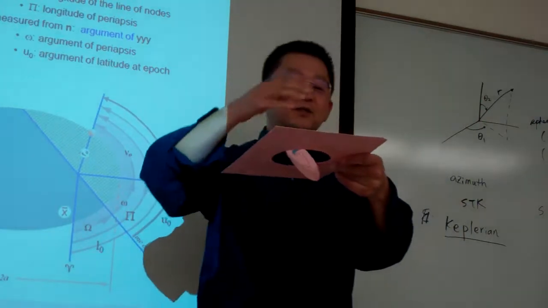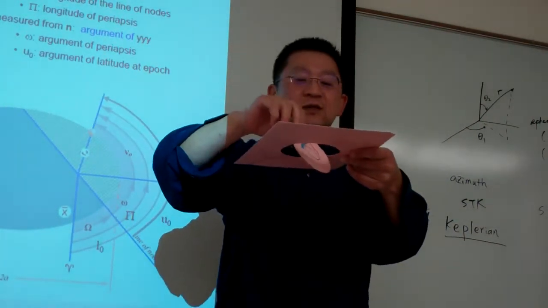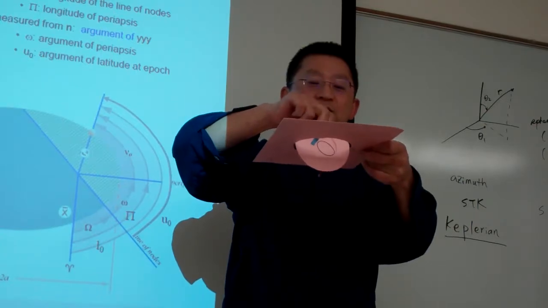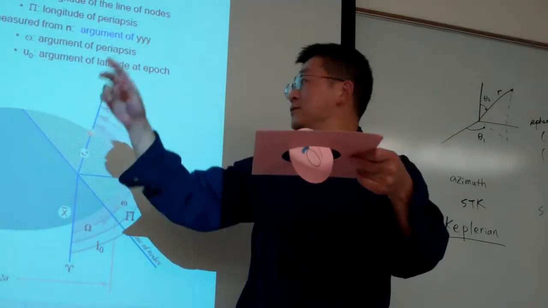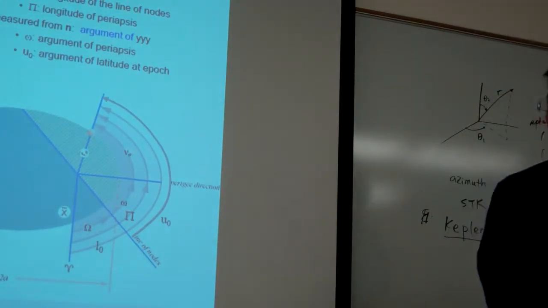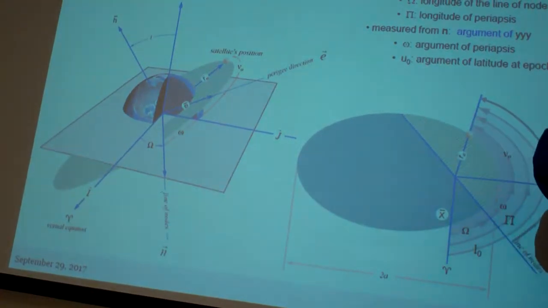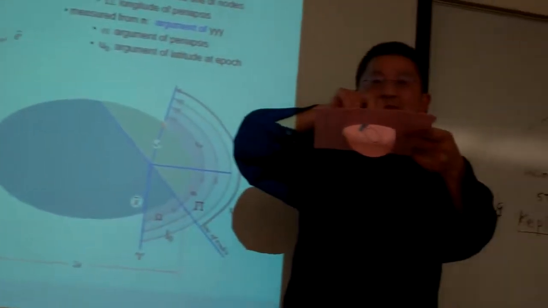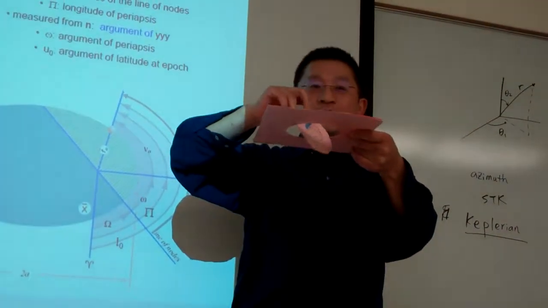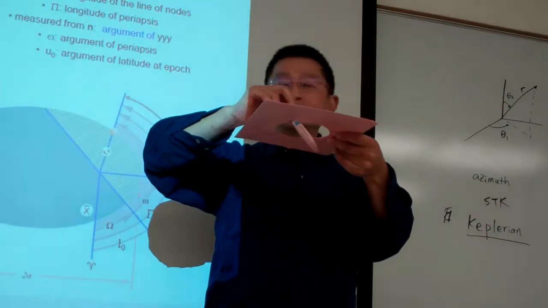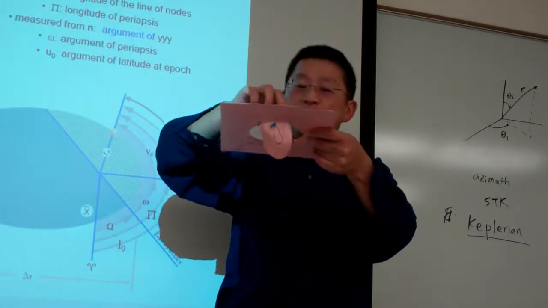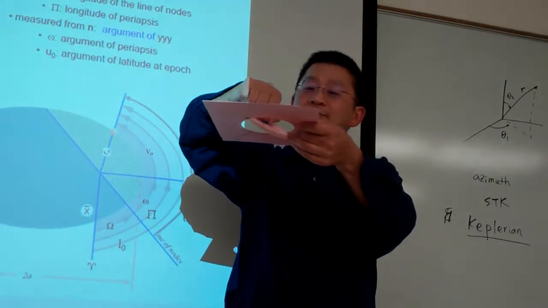So in this way, you can see if this is the I-axis, this one determines the first, big omega, capital omega. That tells us the orientation of the orbital plane. Then the lowercase omega is this one.